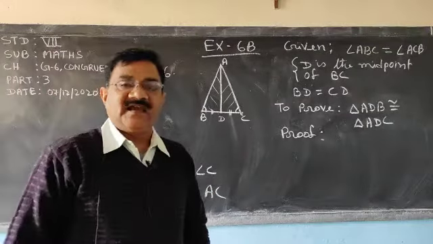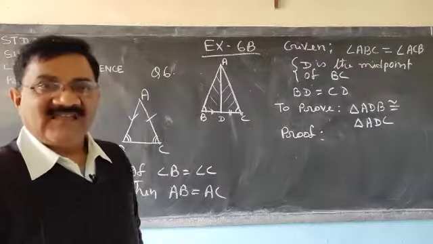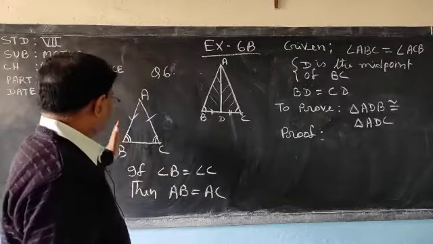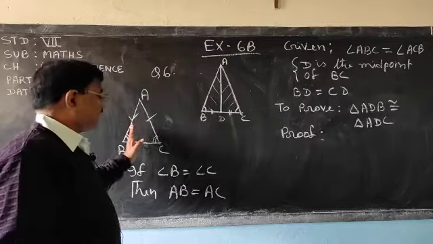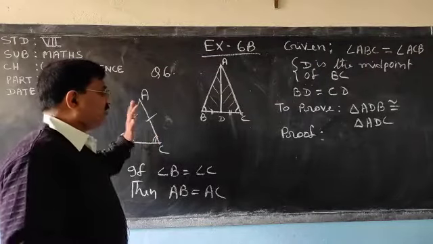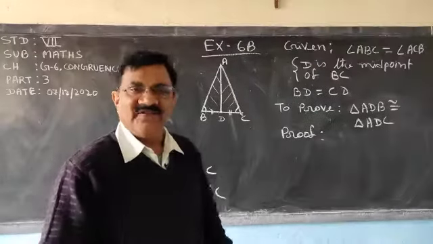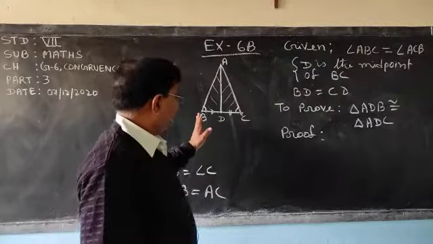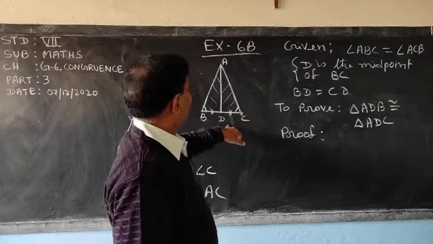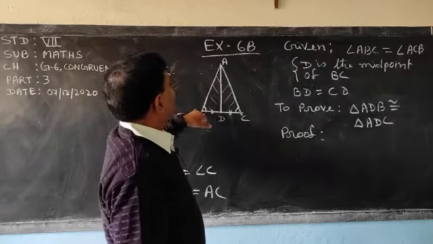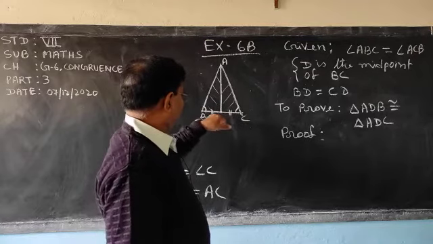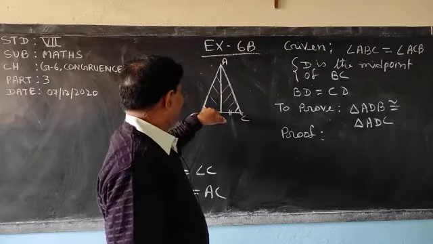This is the property of isosceles triangle: if two sides are equal, then the corresponding angles will be equal, or if two angles are equal, corresponding sides will be equal. Very clear or not? So it is given that angle ABC is equal to angle ACB. It means AB will be equal to AC. Angle given and this, so side angle side.